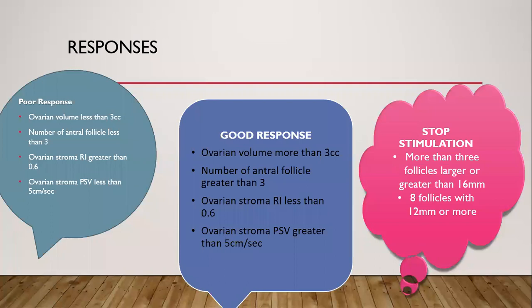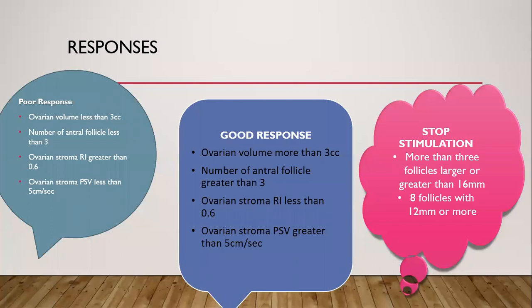The number of antral follicles must be greater than 3. Ovarian stroma resistive index must be less than 0.6. Then the ovarian stroma peak systolic velocity must be greater than 5 centimeters per second. And this has very good prognosis as we get to induce these our mothers.